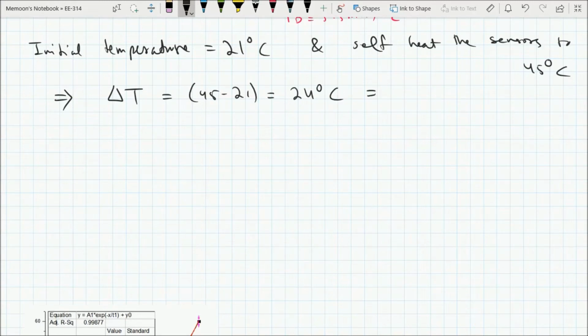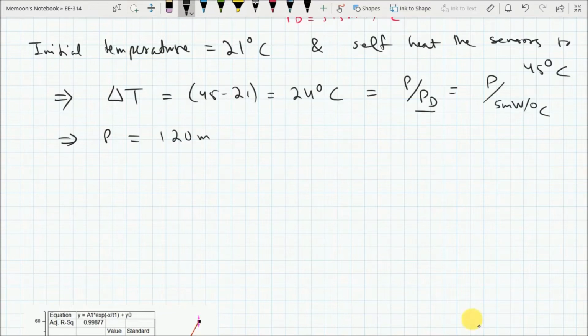And we know that it is equal to P over PD. Now we have the dissipation constant also provided to us, so that would be equal to P over 5 milliwatt per degrees Celsius. And this will give us the power that has to be dissipated through those two sensors to heat them up from 21 degrees Celsius to 45 degrees Celsius. So that power comes out to be 120 milliwatt.